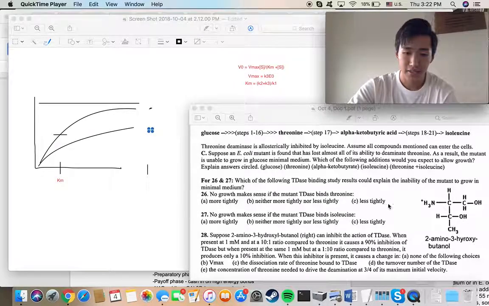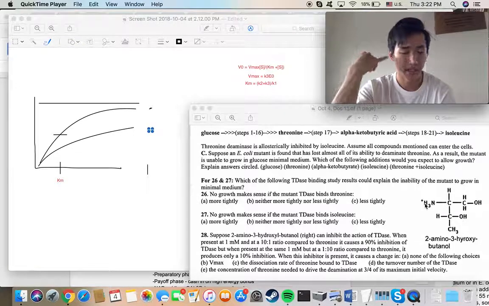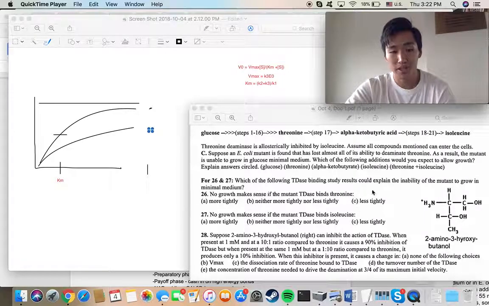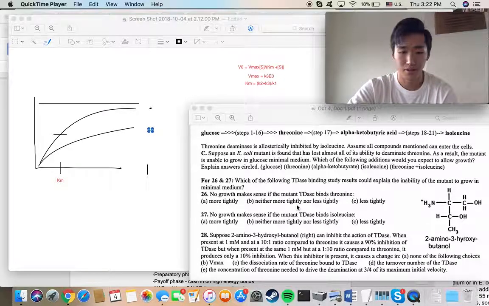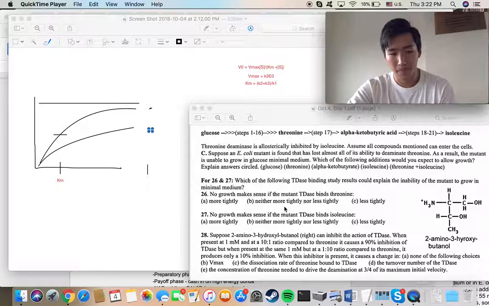What binding study for this allosteric inhibitor could explain the inability to grow, or just for the enzyme? So no growth makes sense if the mutant TDase binds threonine more tightly or less tightly or neutral, right? And what measures tight binding? Is the Km, right? Km measures how tightly it binds.